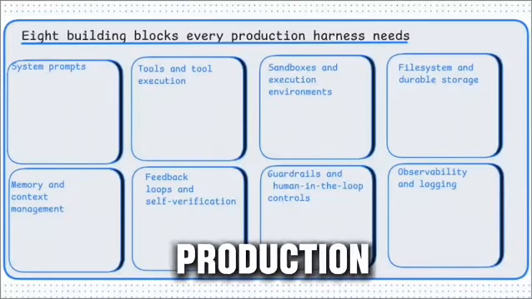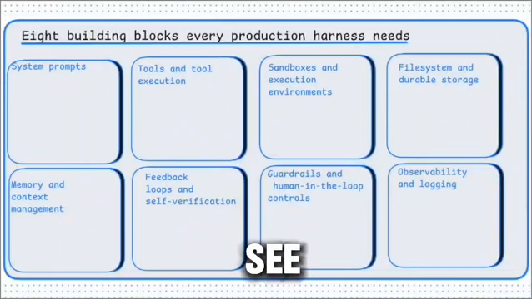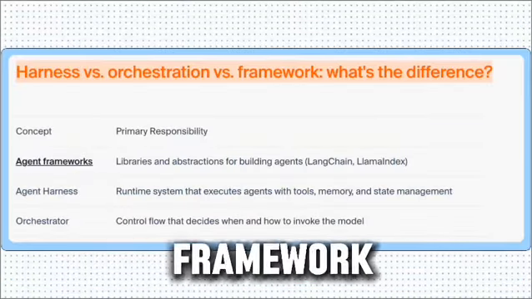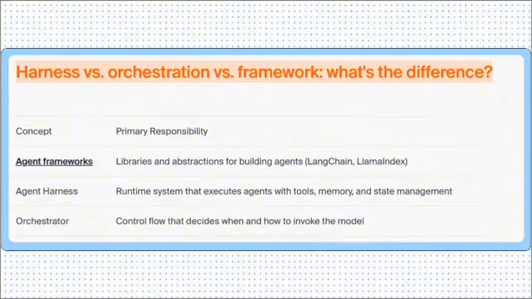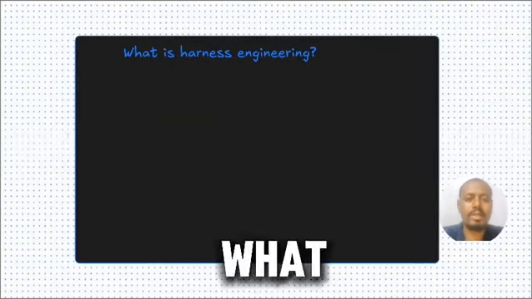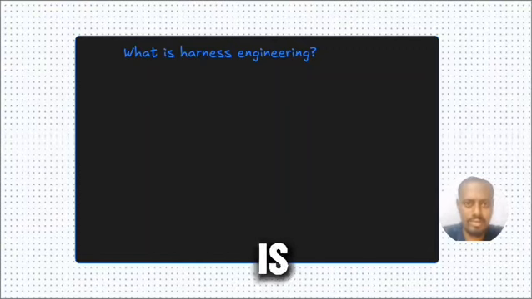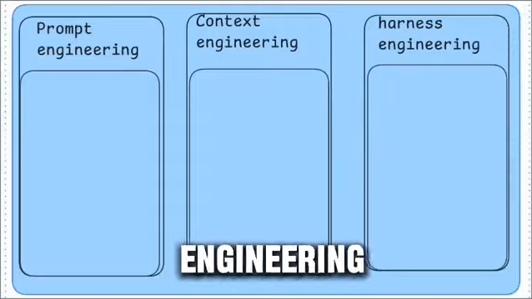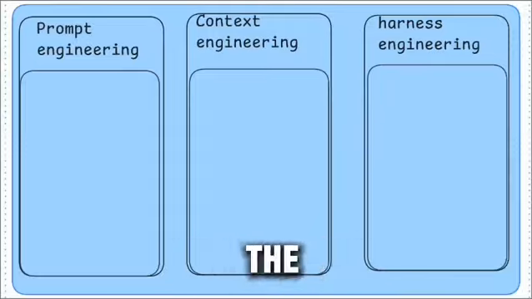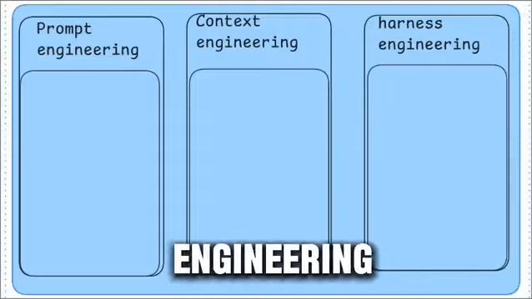We will see harness, orchestration, and framework: what is the difference? Are agent harness and frameworks like LangChain and LangGraph the same, or is there a difference? We will also cover what agent harness engineering is, and the difference between agent engineering, harness engineering, prompt engineering, and context engineering.